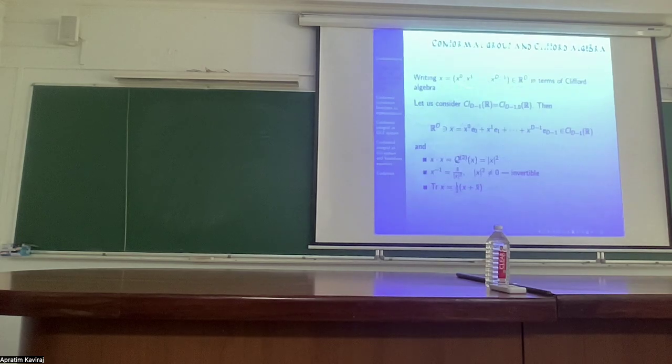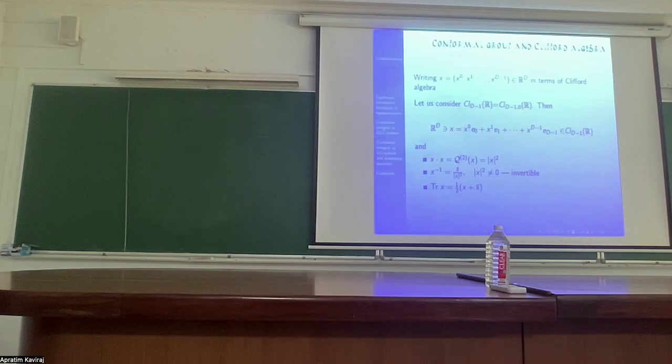So now I write a vector in R^d in terms of a Clifford algebra. Consider Clifford algebra d minus 1 now, so I'm going to R^d. So q is 0 for me; in Cl(p,q), I take p as d minus 1 and q as 0, and I call it Clifford d minus 1. I can now write exactly as in the quaternionic case, but with more e's.